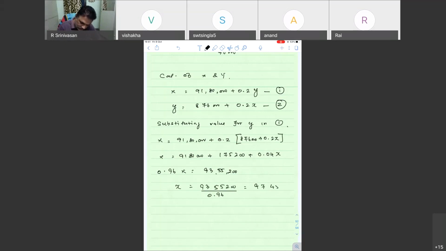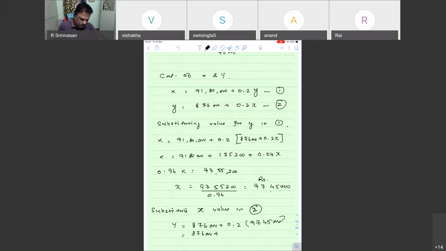So substitute the X value, we get 8,76,000 plus 97 lakh... how much is it coming?